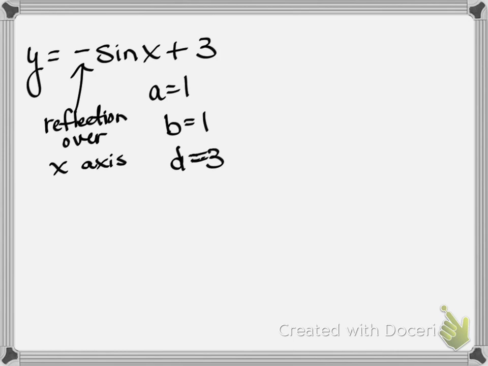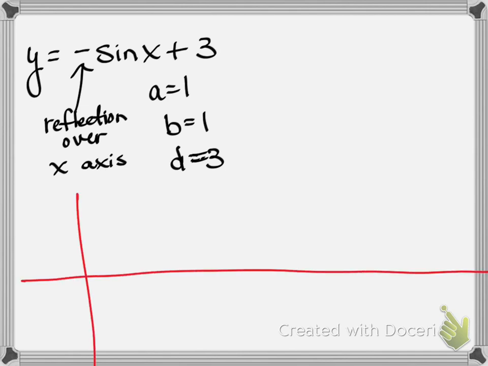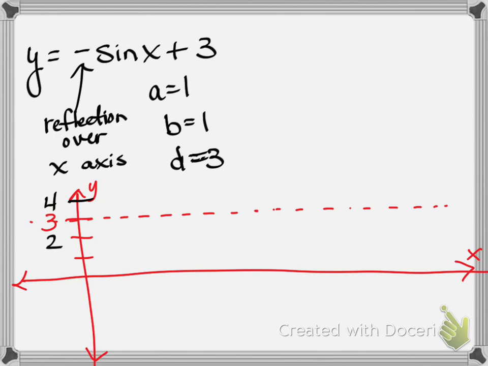So the period is not affected. We do have a new midline, so we need to fix that. At 3. We're going to go 1 above it then for our amplitude and 1 below it.